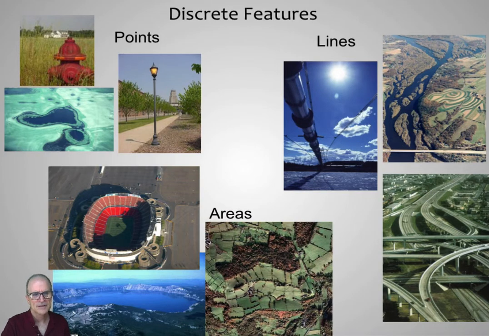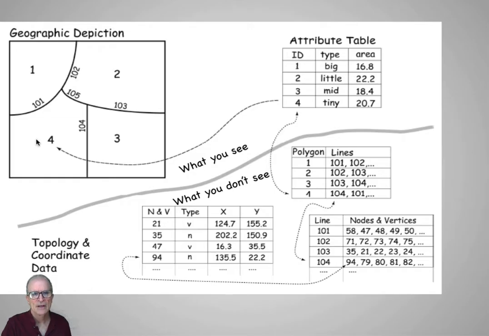Points, lines, and areas. Now, we typically have our layers where we have lines defined by points, and these lines may be grouped together to define areas, and an attribute table associated with it. In this case, this is a polygon data layer, and here I have various lines. Here's line 102, 101, 105, 103, and I have associated with each of these polygons an identifier, and I'll have an attribute table.